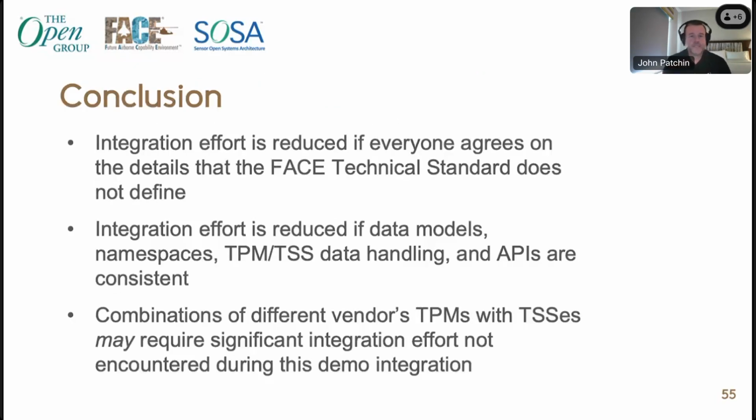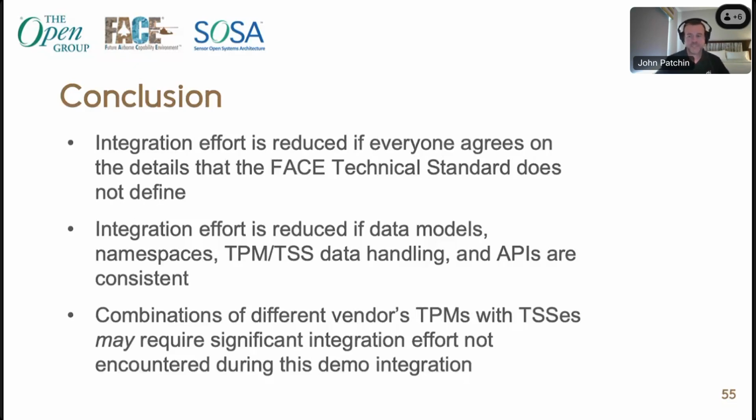So in conclusion, the integration effort is reduced if everyone agrees on the details that the FACE technical standard does not define. Again, we've got the GUIDs and the mapping of different FACE languages, as well as what to do if there's a mismatch between the synchronous or asynchronous handling of data.